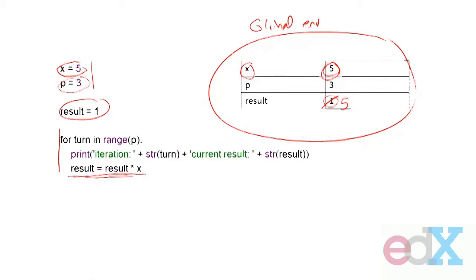And we do the same thing. We get the value of result and the value of x by looking them up in this environment here, doing the computation and rebinding result to 25. Turn goes up one more. That's equal to 2, which is going to be the last one. And we again do the same kind of computation, getting result and x, multiplying together, and rebinding result.